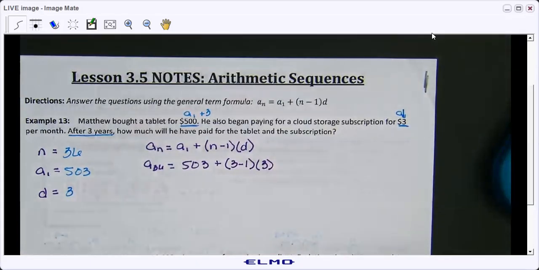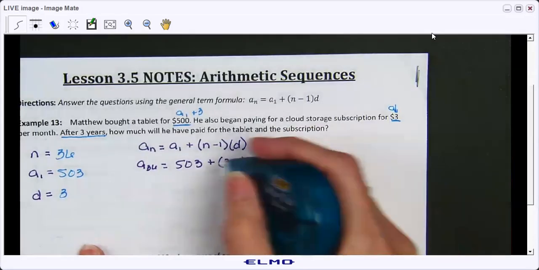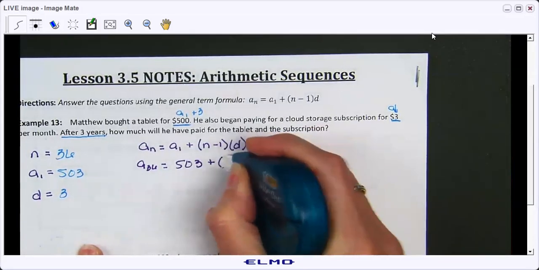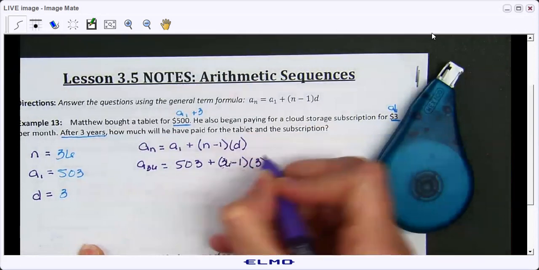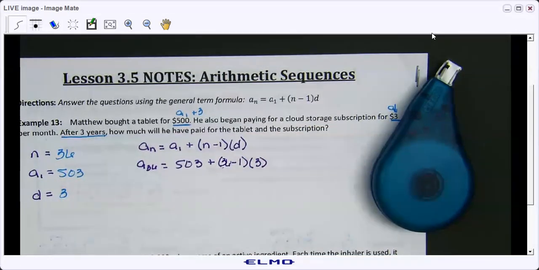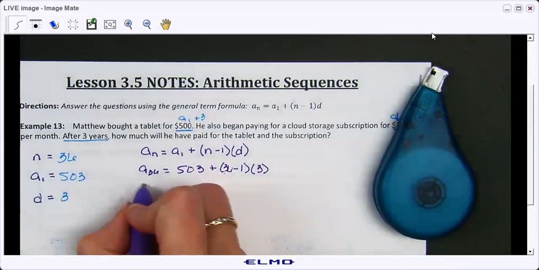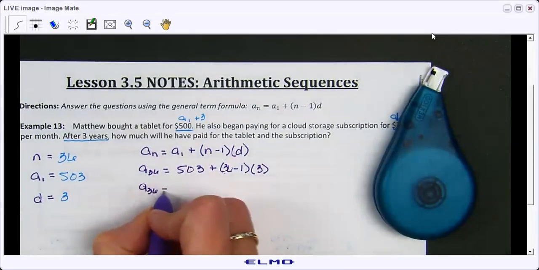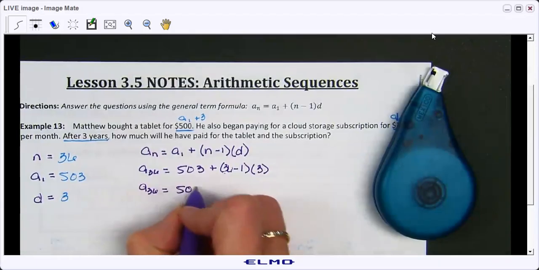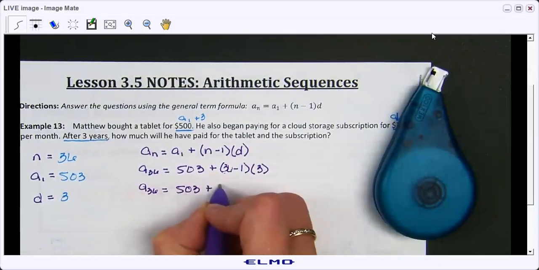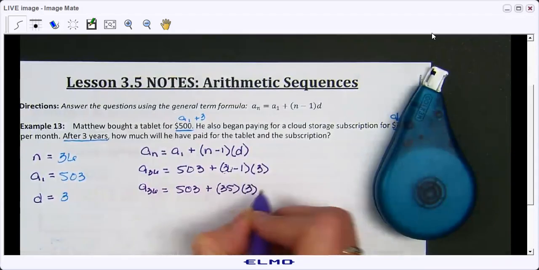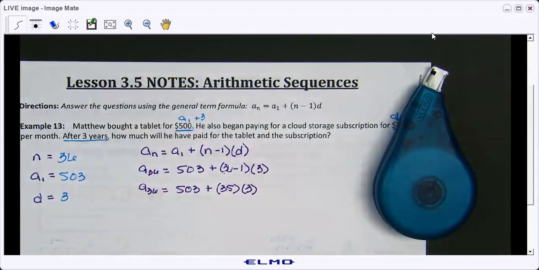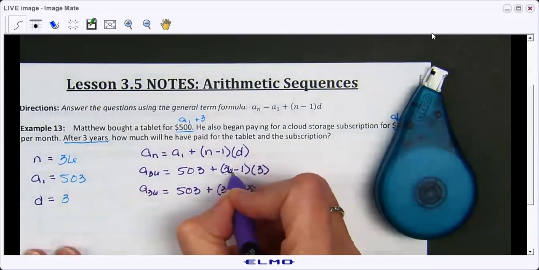Oh, I messed up. I put 3 minus 1 instead of 36 minus 1.